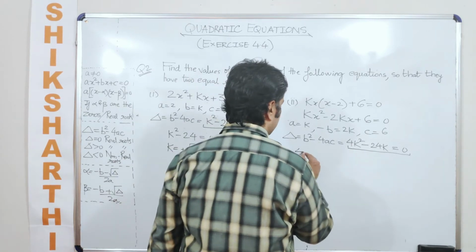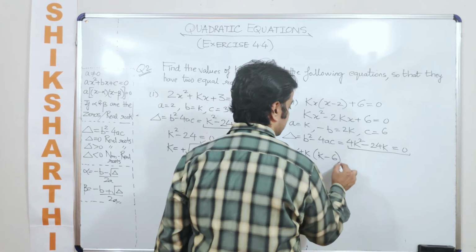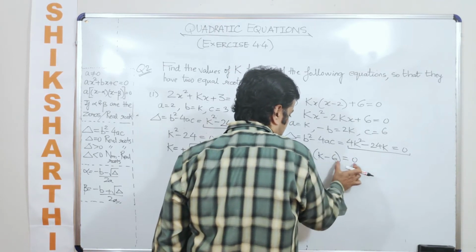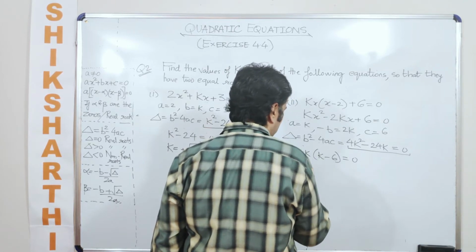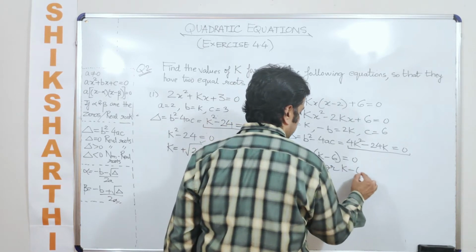So can I rewrite this equation as 4k into k minus 6 equal to 0? Now you are getting the product of two terms equal to 0, which is just like saying either 4k is equal to 0 or k minus 6 is equal to 0.